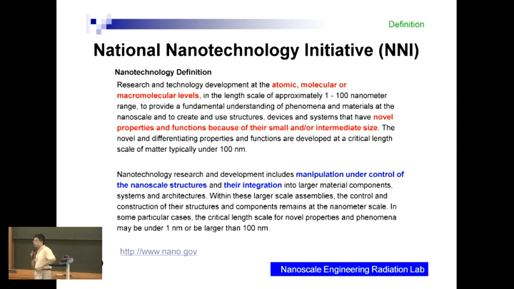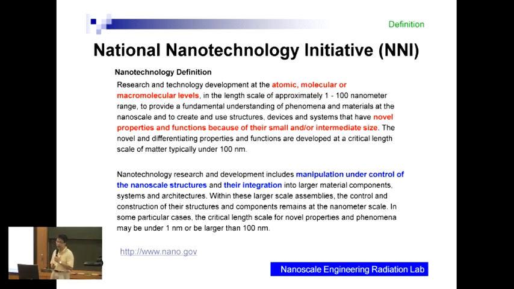It says that research and technology developed at the atomic, molecular, or macromolecular levels in the length scale approximately 1 to 100 nanometer range to provide a fundamental understanding of phenomena and materials at the nanoscale and to create and use structures, devices, and systems that have novel properties and functions because of their small and intermediate size. We call it nanoscience or nanotechnology.